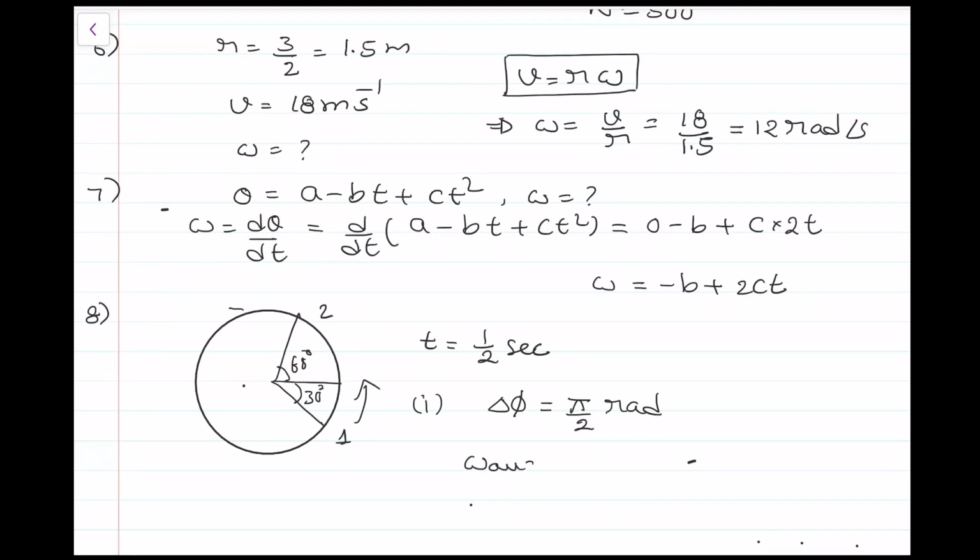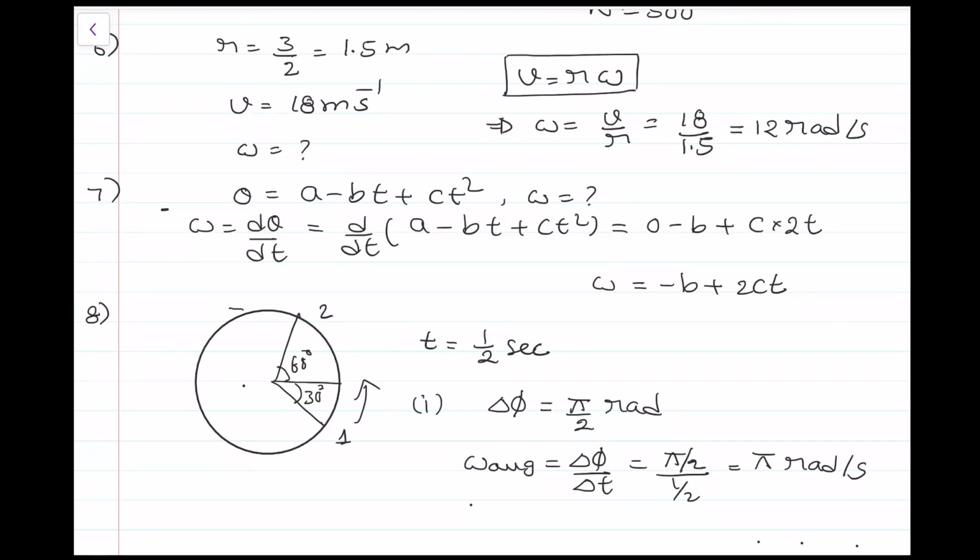Therefore average angular velocity is equal to angle turned by time interval, so that is pi by 2 by 1 by 2. So average angular velocity is equal to pi radian per second.